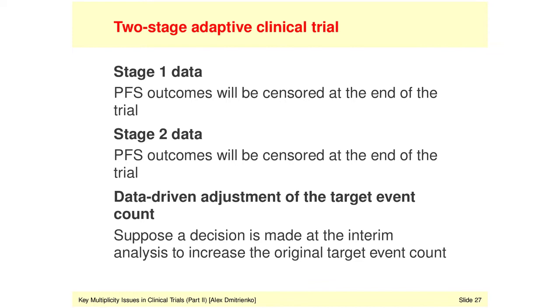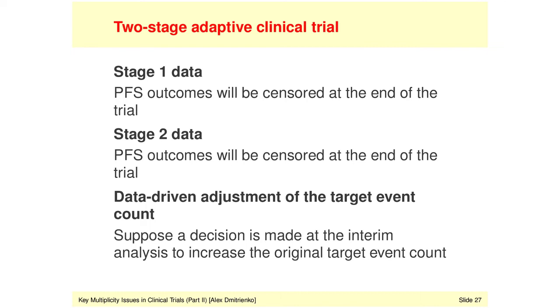We know that when we begin with the stage 1 dataset, primary outcomes, PFS outcomes, will be censored at the end of the trial. The same principle will of course apply to the stage 2 dataset. PFS outcomes will also be censored at the end of the trial.